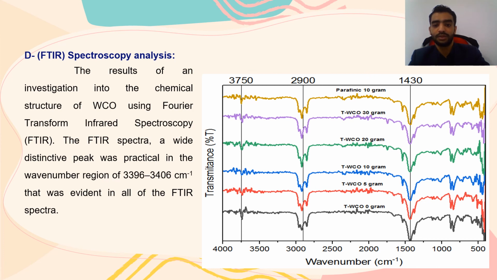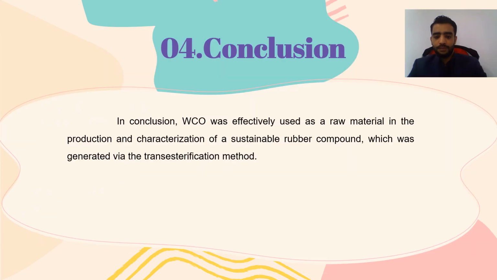It is possible that the symmetric vibration of methyl CH group in natural rubber is responsible for a band around 1371 centimeters.